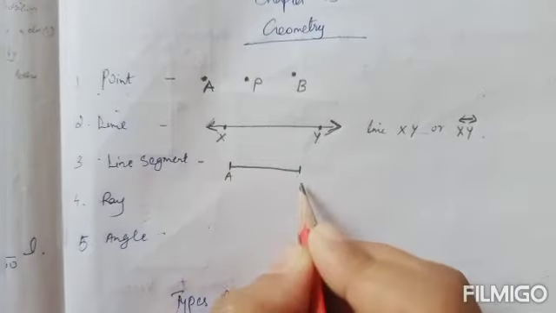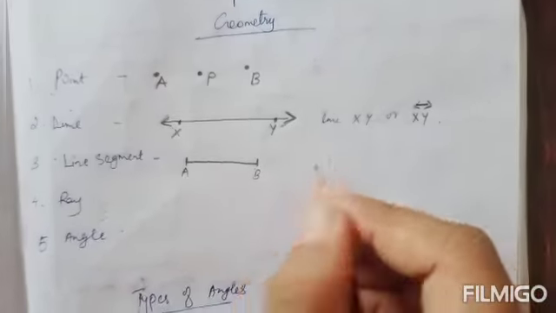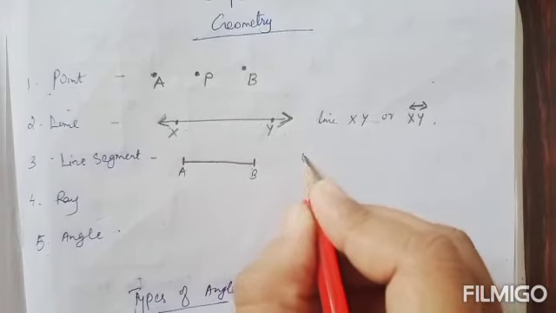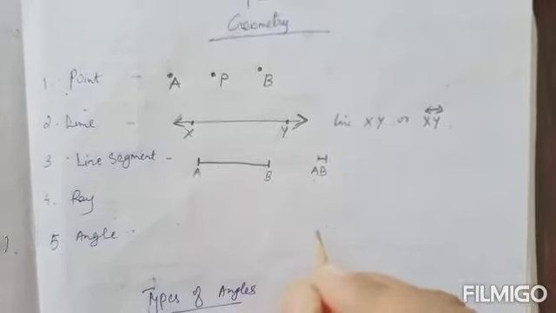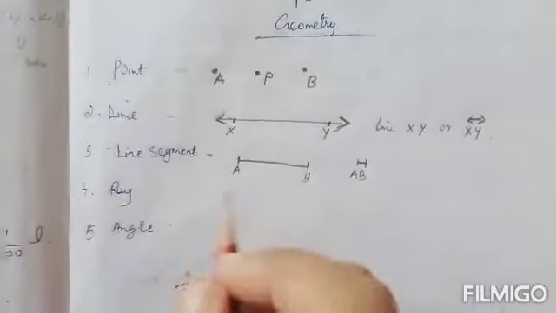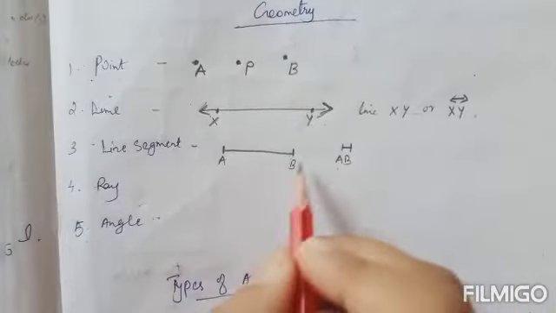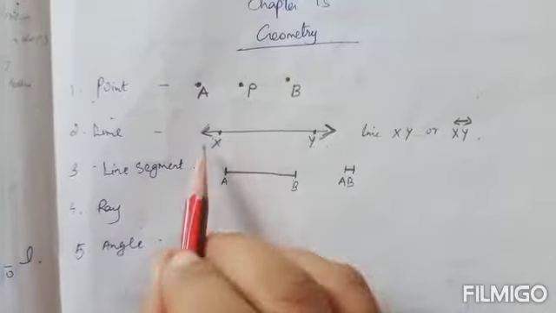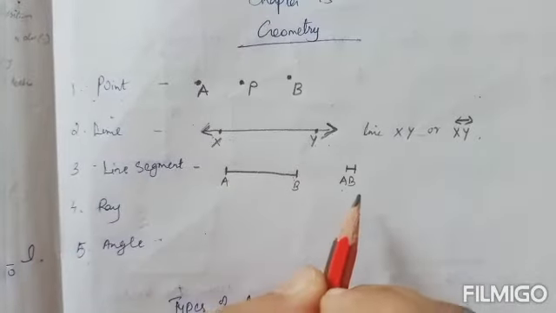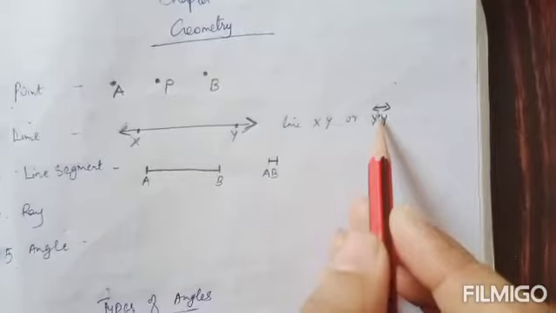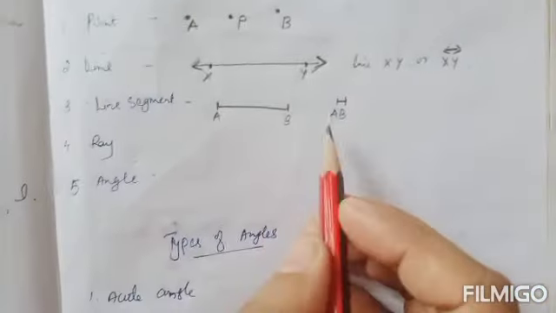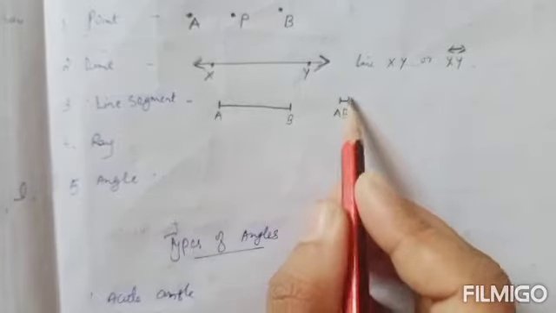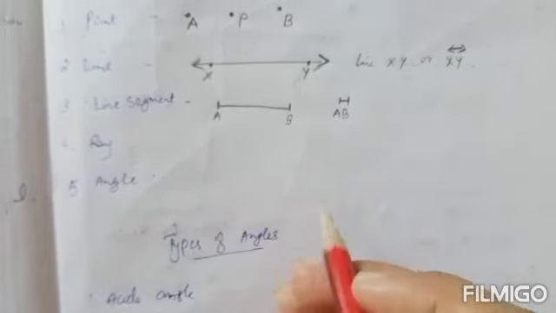If this point is A and this point is B, we can represent the line segment as line segment AB. A line segment has 2 endpoints, but a line has no endpoints. Representation of line, it is this symbol, line XY, and line segment, it is this, line segment AB.